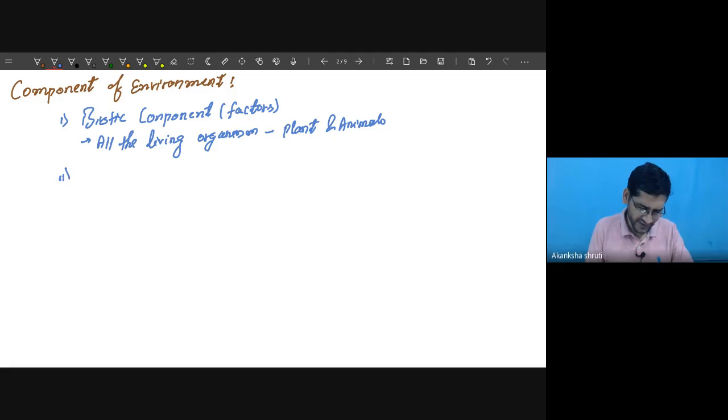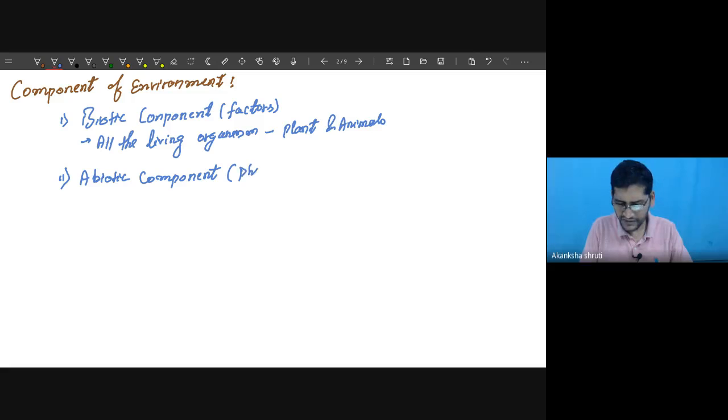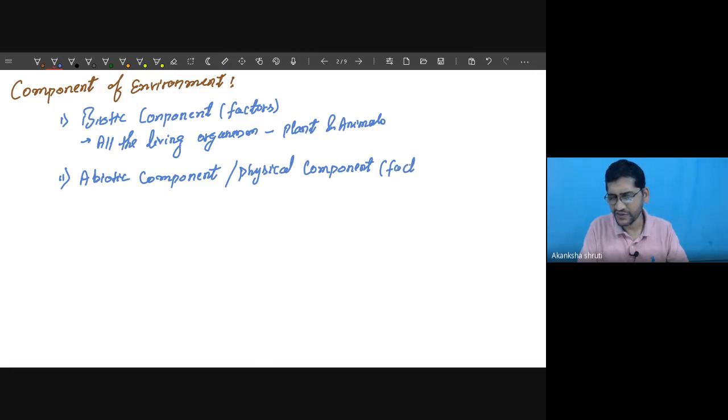The second one is called abiotic component or the factor. These are also called physical components. Means the same thing, whether the abiotic term is used or whether the physical component or factor word is used, that means the same thing.